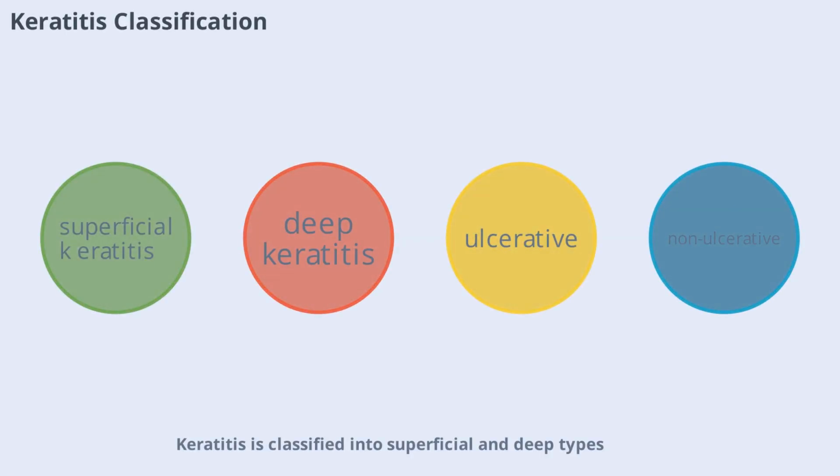Keratitis is classified into superficial and deep types. Superficial keratitis can be ulcerative or non-ulcerative, with further subdivisions into purulent and non-purulent forms. Purulent keratitis includes ordinary pyogenic corneal ulcers, hypopyon ulcers, mycotic ulcers, marginal ulcers, and ulcers associated with smallpox.